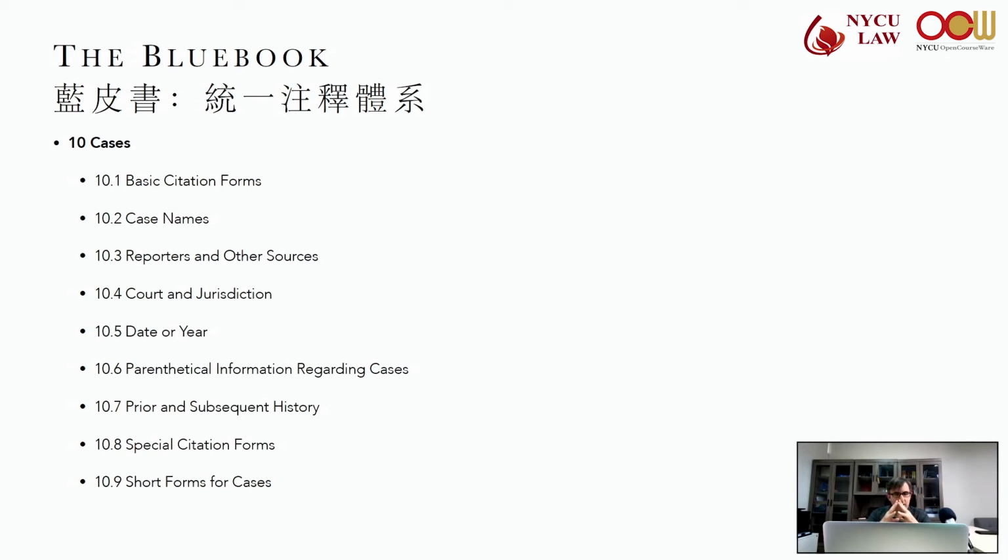Now, if there are multiple decisions within a single year, then we only include the year for the last cited decision of that year.